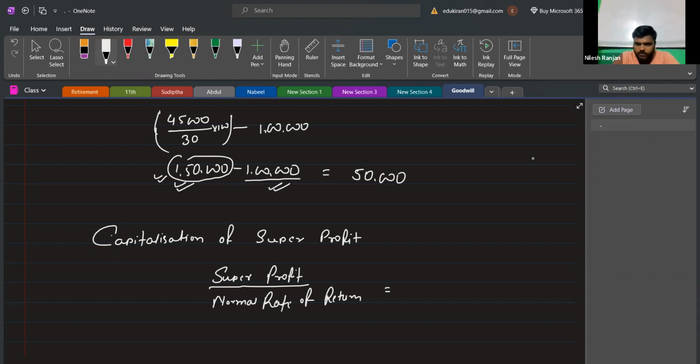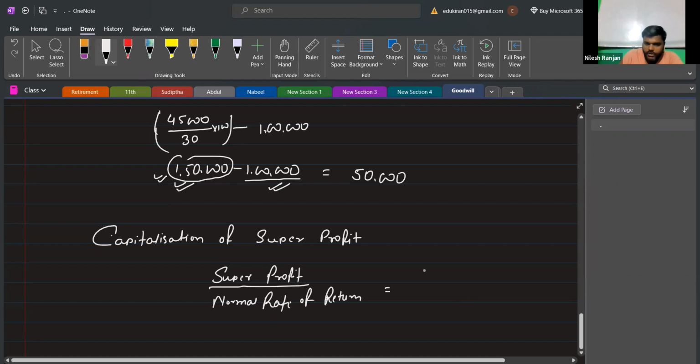Actually, you have calculated it while calculating goodwill through the super profit method. 45,000 minus 30,000, so 15,000. 15,000 divided by 30%, that's why into 100. So it will be 50,000.